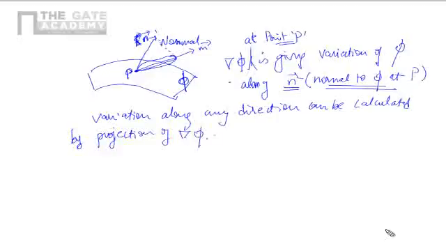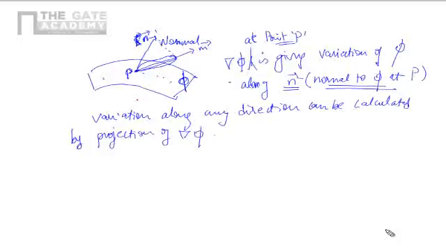Now if I don't put any point, I will get del phi as a function. Then at every point, by substituting the coordinate values of that point, I will know the variation at each and every point, and at each and every point I know the variation along the normal. I can find the variation along any direction given the point. Is this clear? Okay.